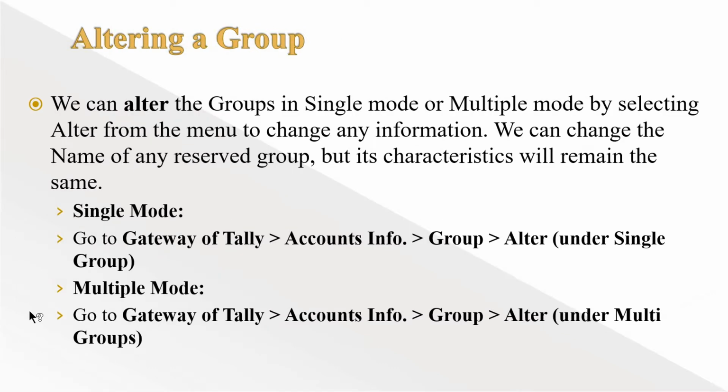Now we will see how to alter a group. We can alter the groups in both modes, single mode as well as multiple mode, by selecting the alter option from the groups menu. Once that is selected, we can select either single or multiple. In case of alter, we can edit, modify and make changes to any information.